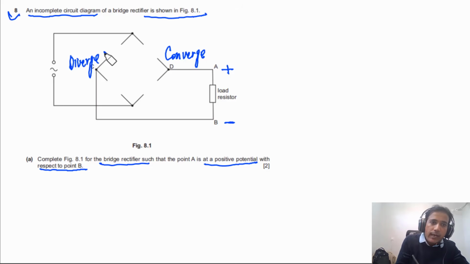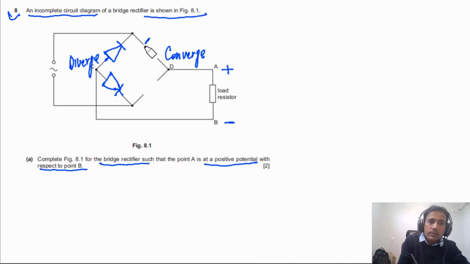If you have this understanding, now you can draw the diodes. This is simply how you need to draw. The diagram has to be complete, with no gap. Here these two have to diverge. So this is how you can draw.